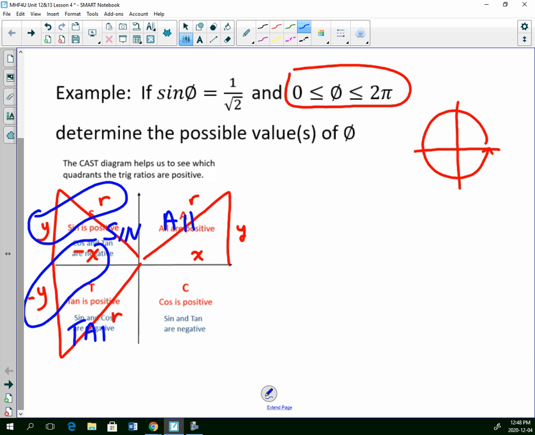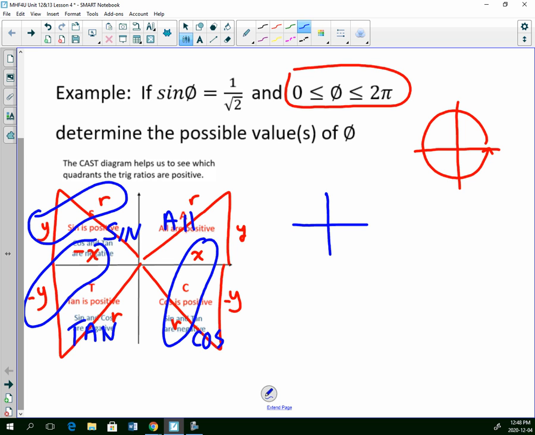So that means tan is the only ratio that remains positive in quadrant 3, and then finally in quadrant 4, x is positive, y is negative, and so the only one that stays positive is x over r, which is cosine. So that's where the CAST rule comes from: all ratios are positive in 1, only sine in 2, which means that the other two are negative, only tan in 3, and only cosine in 4.